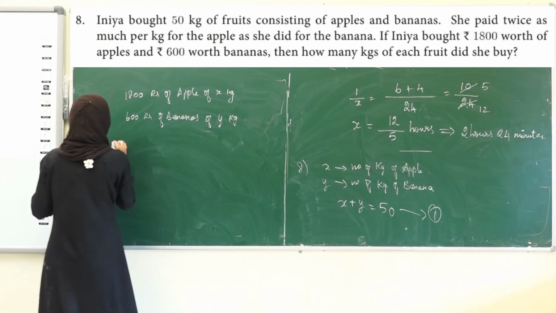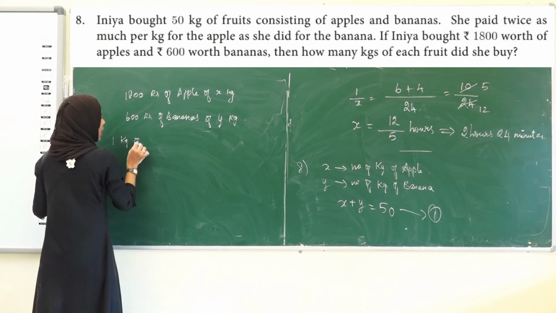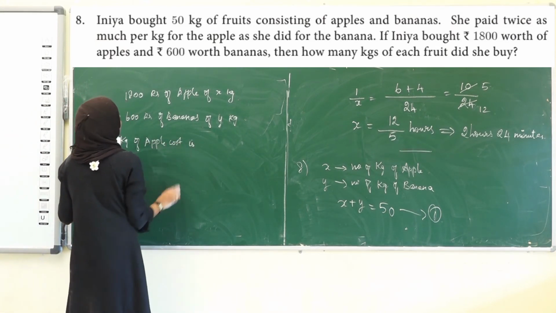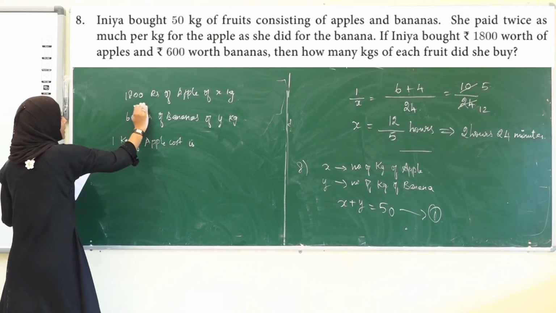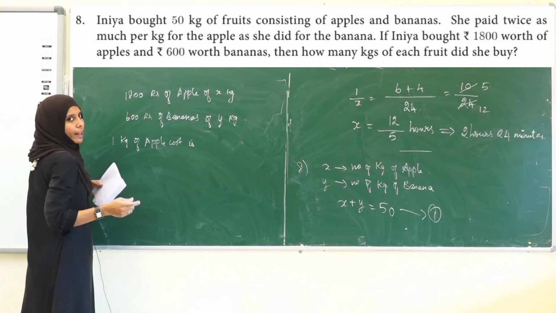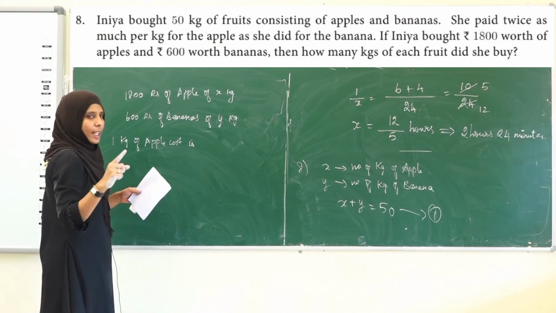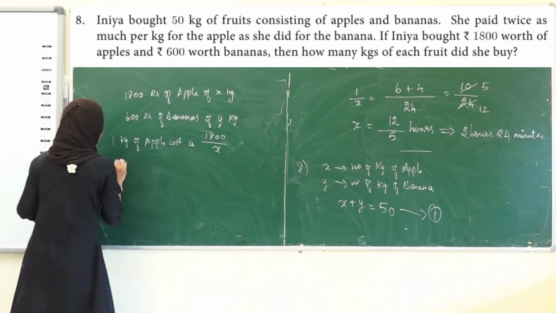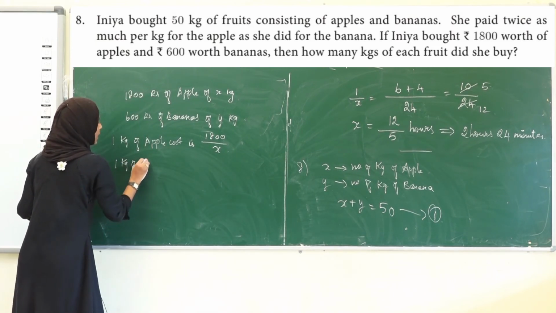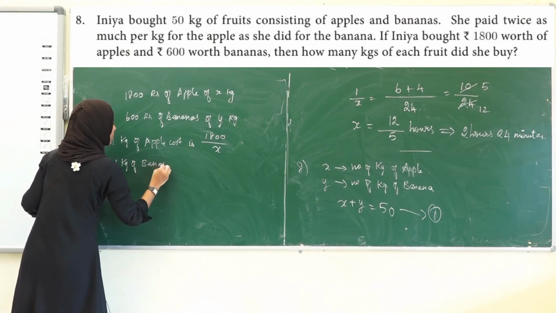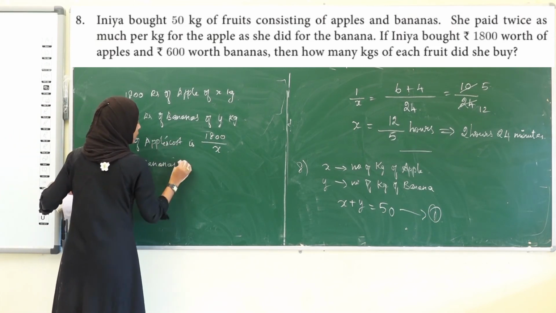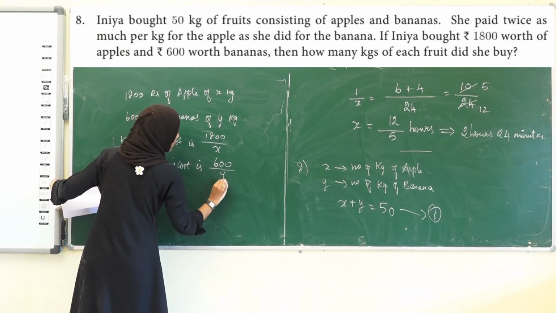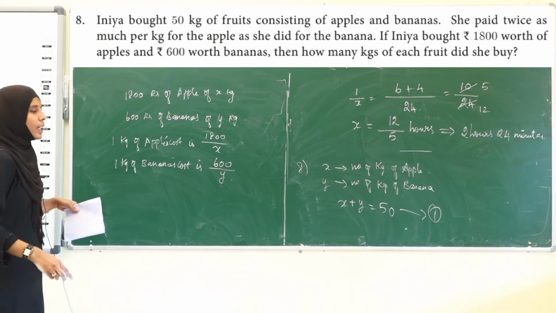Therefore, 1 kg of apple cost: we can divide this term by x. Then the amount of 1 kg of apple is 1800 divided by x, and 1 kg of banana cost is 600 divided by y. Keep in mind this.